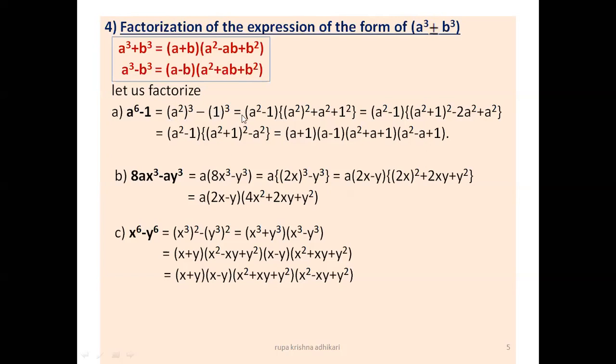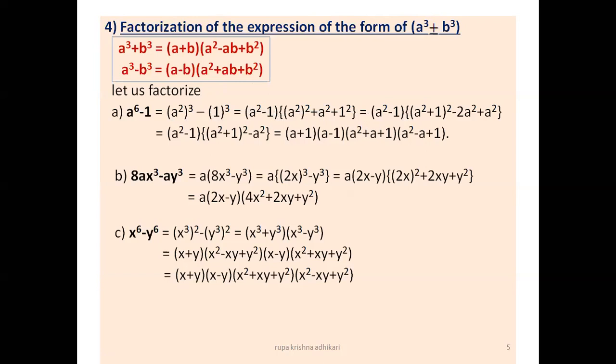So is equal to a square minus 1 into, now this term, a square whole square plus ab, a square into 1 plus 1 square, which is equal to a square minus 1 and inside other bracket a plus a square plus 1 whole square minus 2a square plus a square.